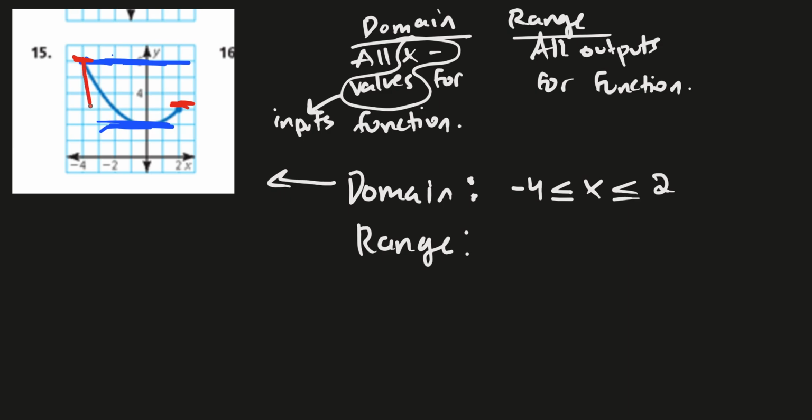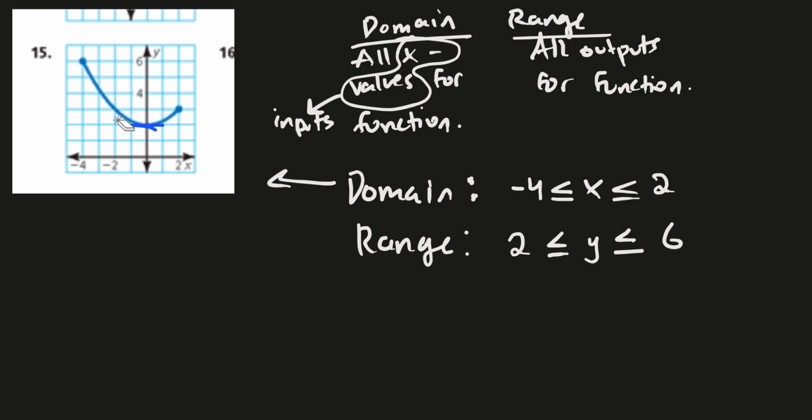Start from here, go all the way down to all the y values. Okay, so that's from here all the way, so that's 6 all the way to 2. So y, or f of x, 2 is going to be here, and then 6 is going to be here.